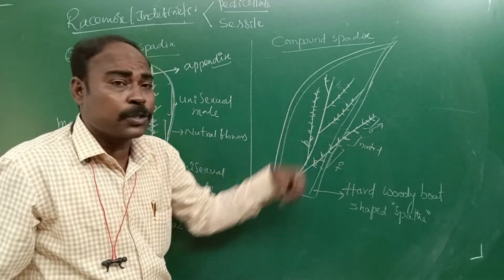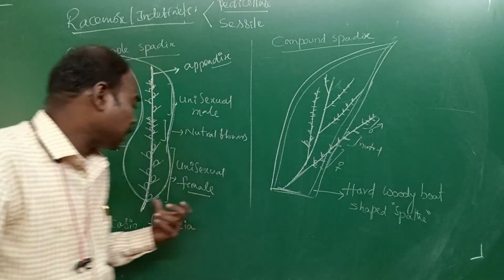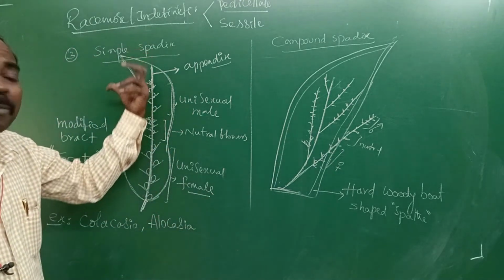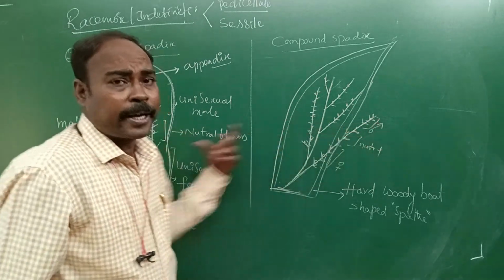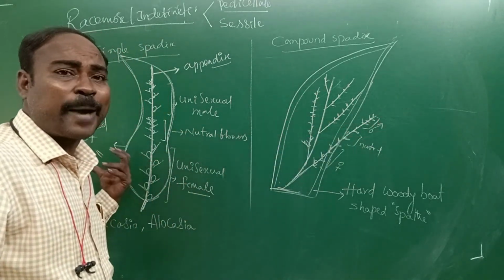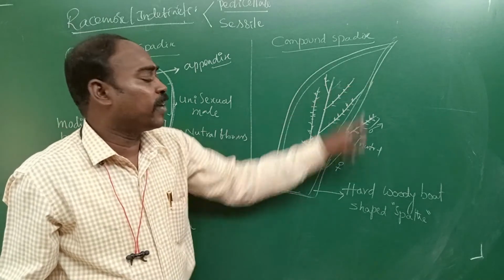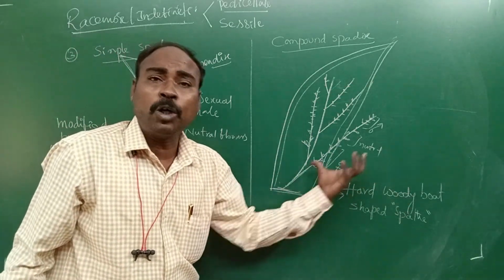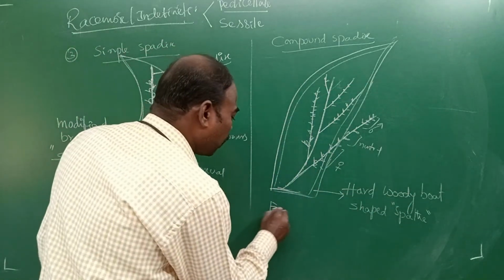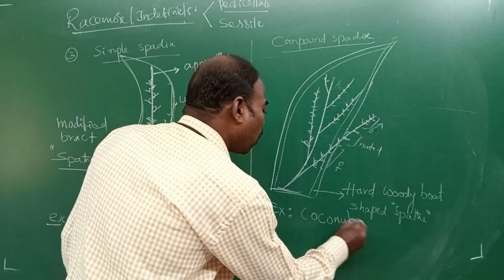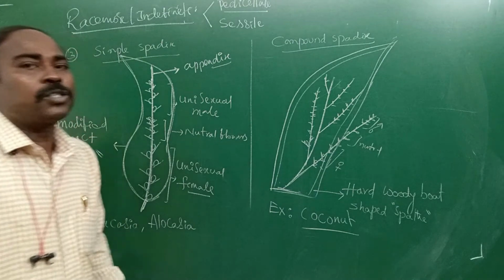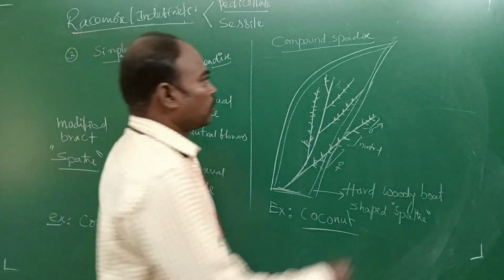Each and every branch produces such flowers in the same pattern. But here the peduncle is unbranched, here the peduncle is branched. Here the bract is modified to a leathery spathe. Here the bracts are modified as a hard woody boat-shaped spathe. Example, Cocos nucifera, coconut.